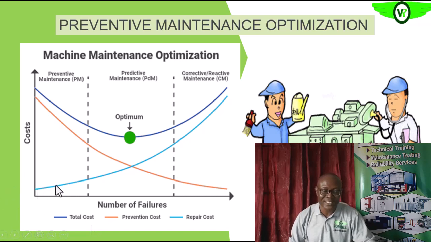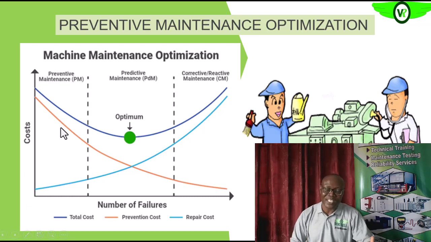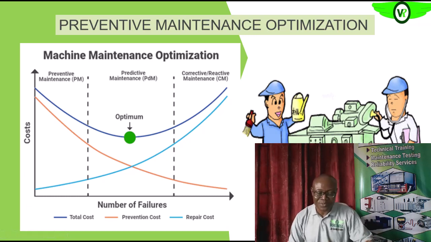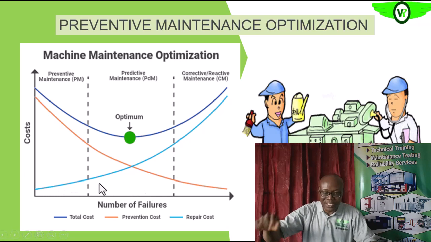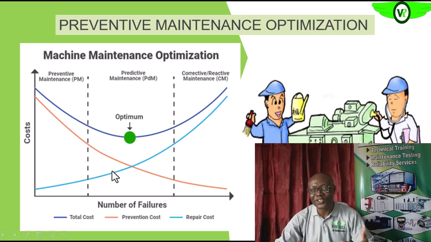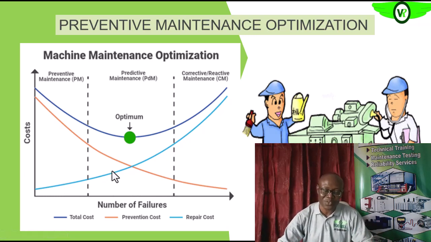But like I said, these expenses may not be feasible, so at times we reduce the maintenance to save some money. But as you reduce the maintenance, you see that you increase the failure rate. Are we getting it? And then the expenses you incur in repairing those or returning the asset back to operational status.